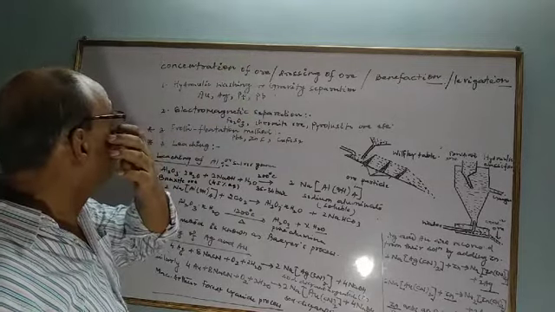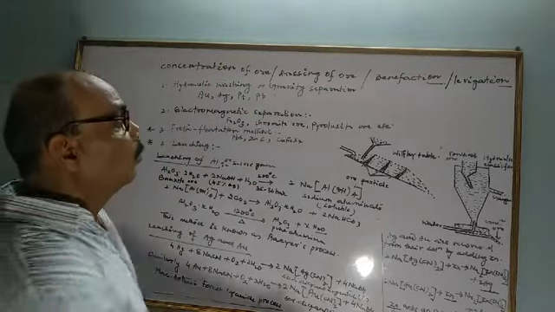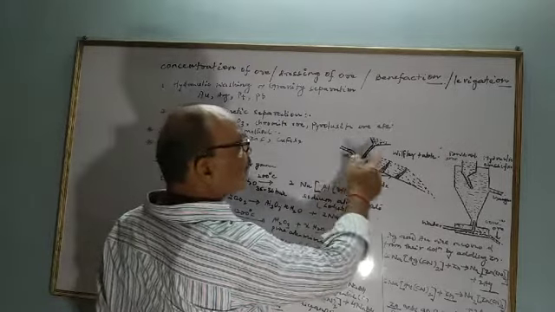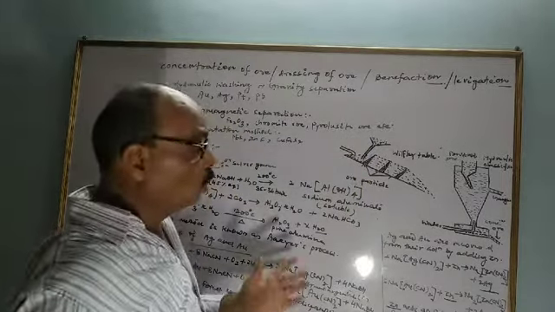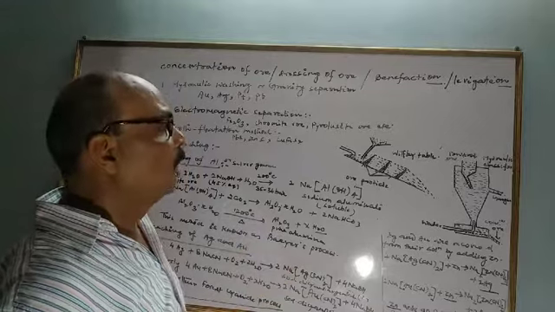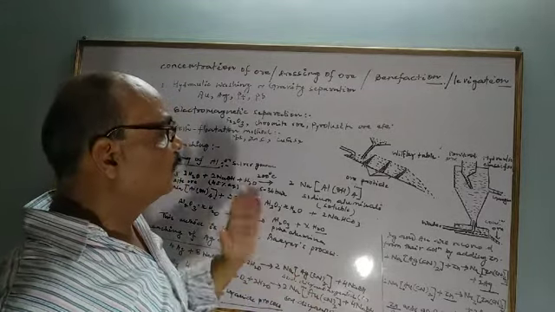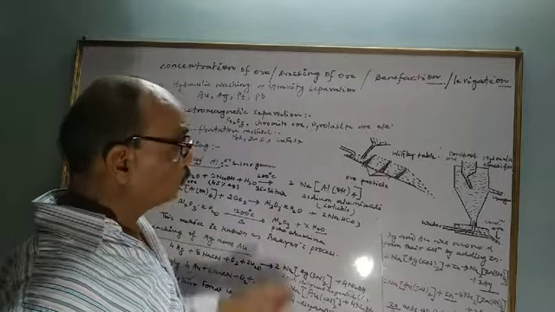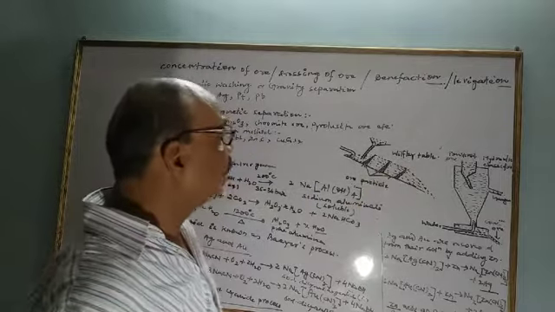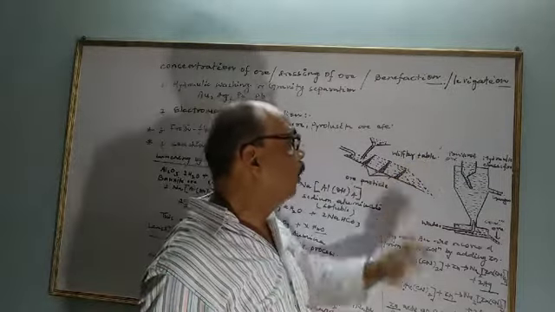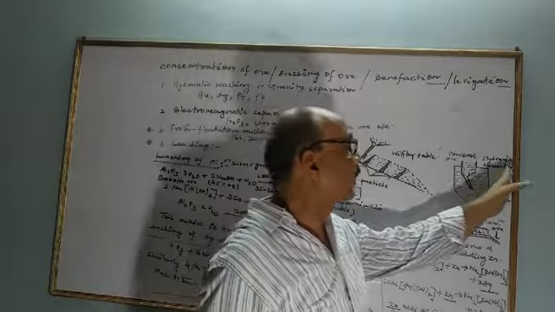The pulverized ore, the fine powder of ore, is then subjected to gravity separation. Gravity separation can be done in two different ways, either by using a Wilfley table or by a hydraulic classifier.